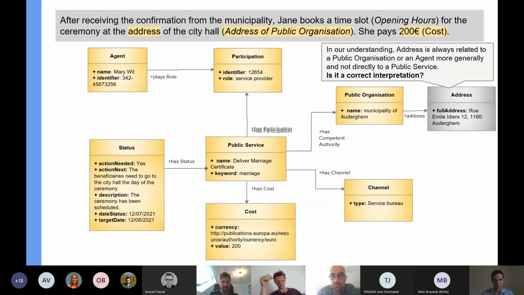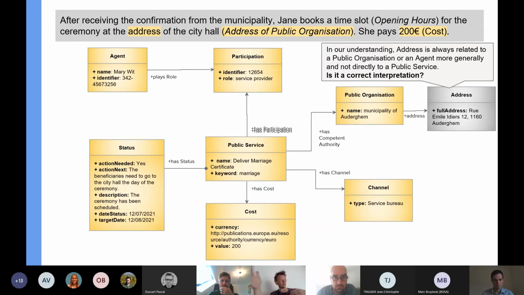So if you do that, you need to have all addresses where public services can be acquired linked to the public organization, and then you'll have to have some differentiator, some indicator denoting this public service can be acquired at this address. Yeah, that's missing here in this model. Yep.